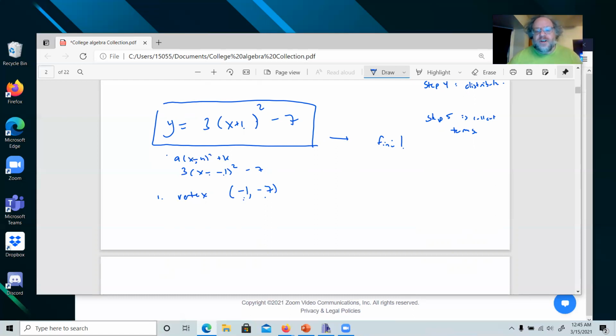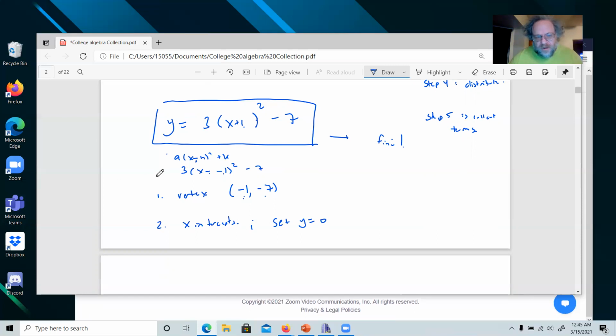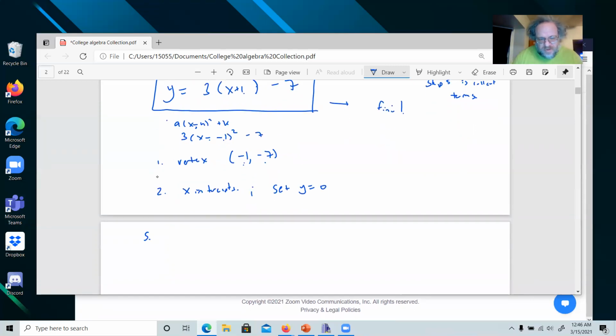Now, the next question they're going to have for us is something like, what are the x-intercepts? Easier said than done. For x-intercepts, we have to set y equal to 0. So we're going to solve 3(x plus 1) squared minus 7 is equal to 0.